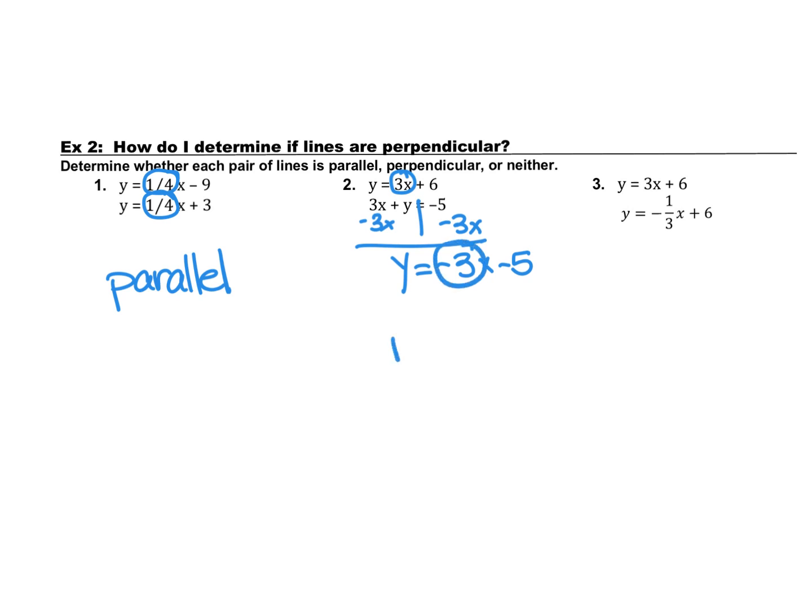So this is going to be neither. And our last one, let's take a look at our slopes. For the first line, we've got a slope of 3, and the second line, we've got a slope of negative 1/3. The opposite of positive is negative, and the reciprocal of 3 all over 1 is 1 all over 3. So this one's going to be perpendicular.